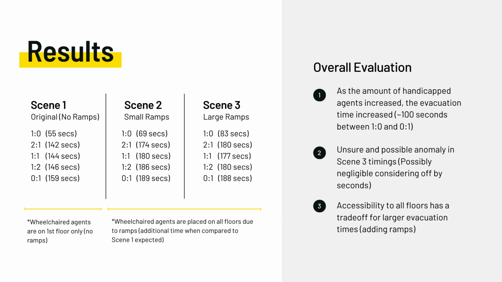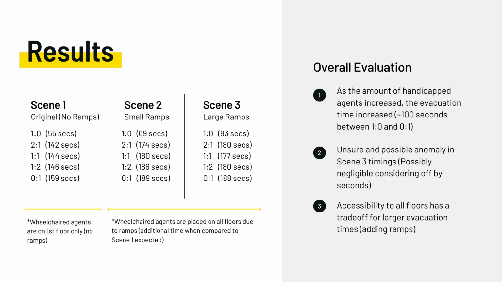Scene 2, with small ramps, apparently took handicapped and impaired agents more time, from 69 seconds to 174 seconds, 180 seconds, 186 seconds, and 189. So scene 2 ended up taking a little bit more time compared to scene 1 with small ramps, but again, we had larger crowds for evacuation.